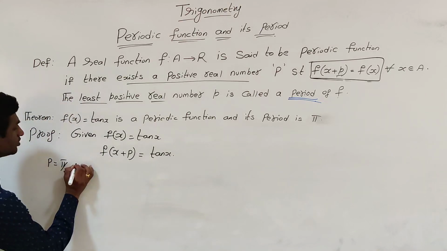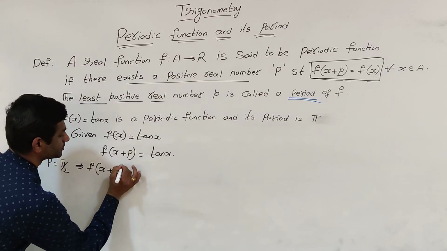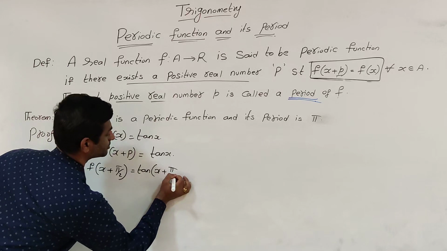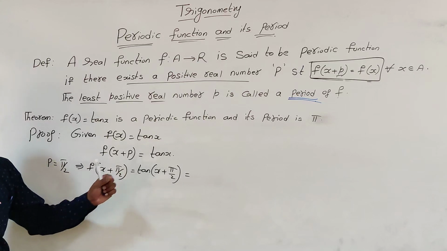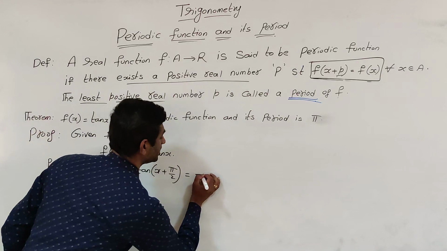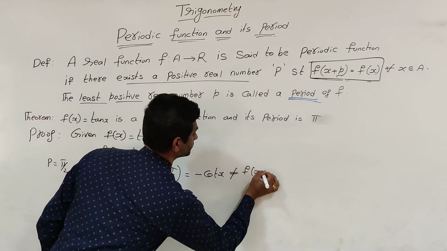Now, if p is equal to pi by 2, then f of x plus pi by 2 is tan of x plus pi by 2, meaning tan of 90 plus theta. 90 plus theta lies in the second quadrant. In the second quadrant, tan is negative. So it will be minus cot x, which is not equal to f of x.